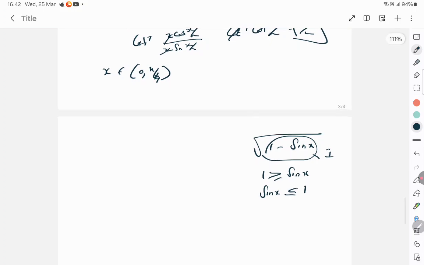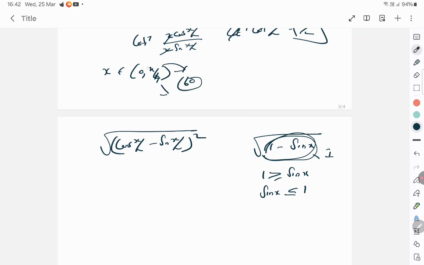Let's explore more on this. The moment you write it as cos x by 2 minus sin x by 2 the whole square, when you substitute a value such as 60 degrees, which is beyond this 45 degree value, it will become cos 60 minus sin 60. And what is inside the root can never become negative. Cos 60 is 1 by 2 minus root 3 by 2.